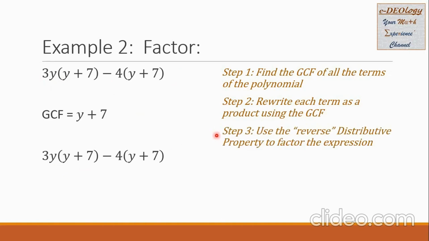In step 3, use the reverse distributive property to factor the expression. So we're going to remove first the GCF. So removing the GCF here, we expect two terms in the second factor. In the first blank here, I'm going to write the remaining term after removing the GCF.